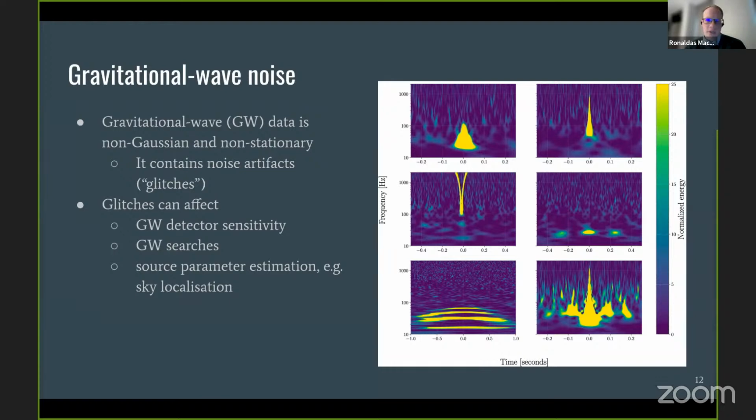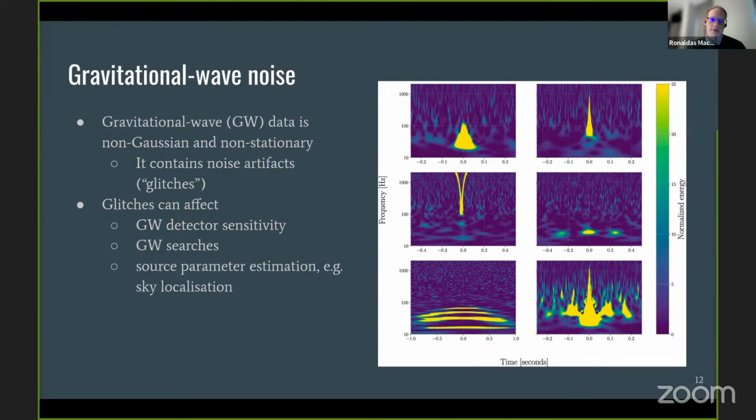And why should we even care about those glitches? Firstly, they affect gravitational wave detector sensitivity. For example, if you have a glitch like this, you can't really see or try to detect anything, and that affects the detector sensitivity. It also affects gravitational wave searches. For example, this sort of glitch, a so-called blip glitch, looks very similar to a gravitational wave signal from a very massive binary black hole.